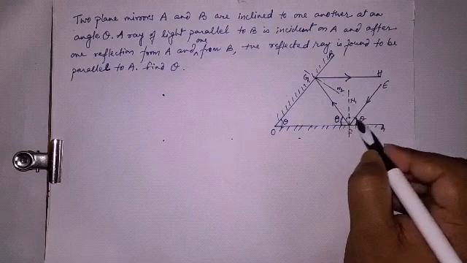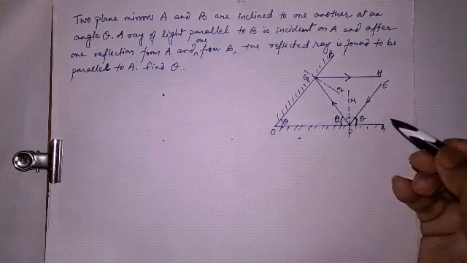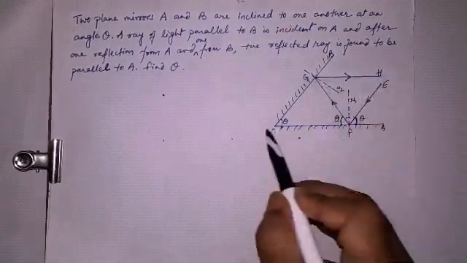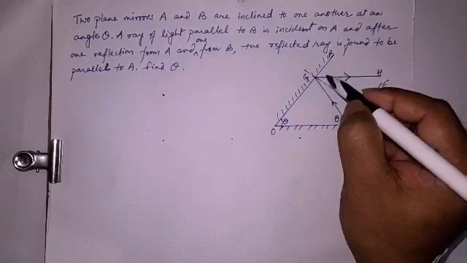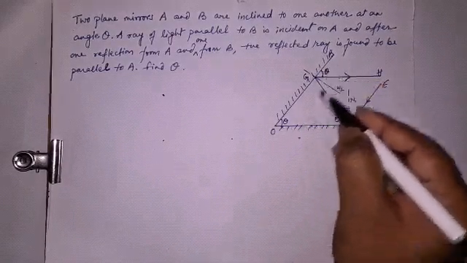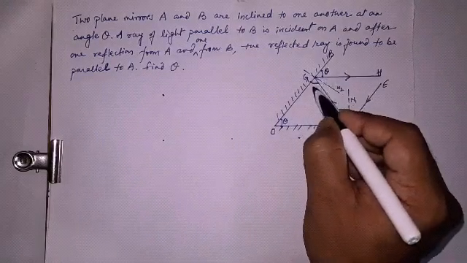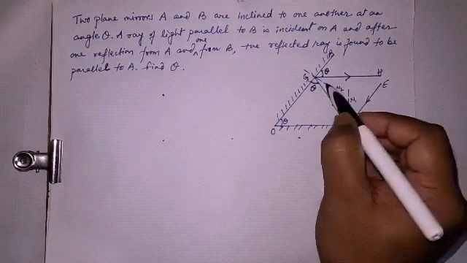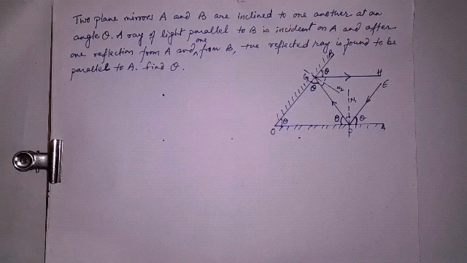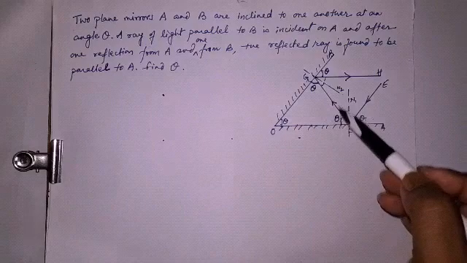Similarly, GH is parallel to OA, so this angle becomes theta, corresponding angle to this. Now if this is theta, this angle also becomes theta, because the angle of incidence and angle of reflection are equal. Clear?